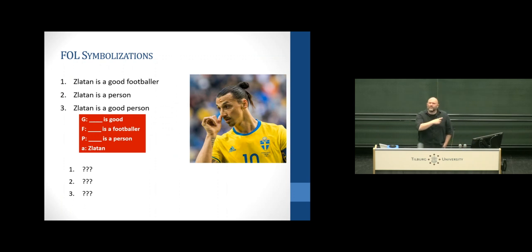It's just like the one before, so surely that's right. GA conjunction FA. How would we do Zlatan as a person? Yeah, PA, right? Easy. We take the name for Zlatan, we take the predicate, we stick them together.